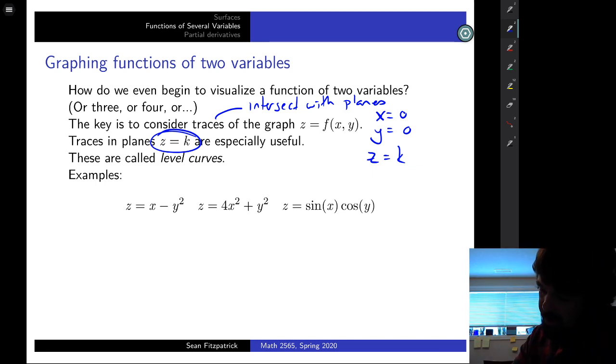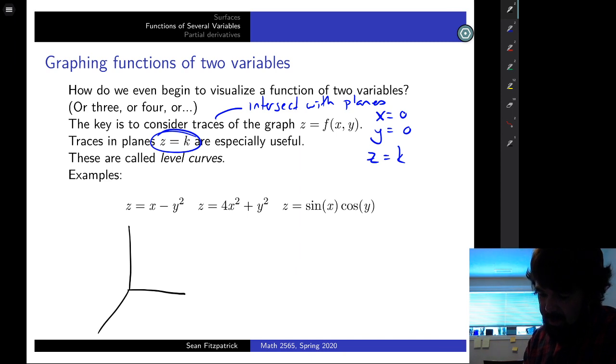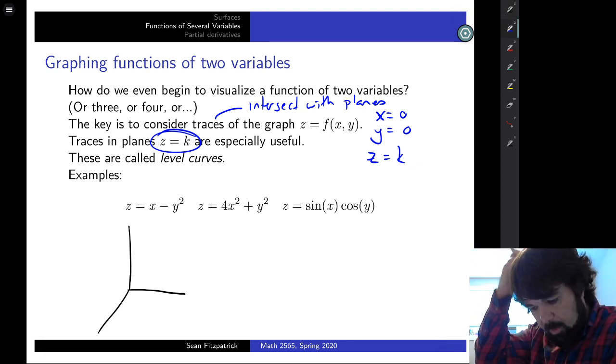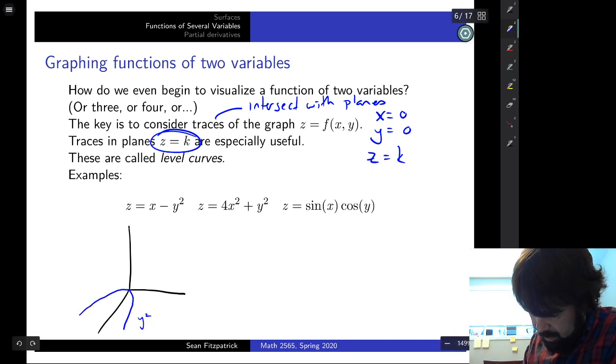So if I'm plotting, say, that first example there, x minus y squared, I can say, okay, well, what do I get if I'm doing, say, z equal to 0? So z equals 0, I just get y squared is equal to x. That's the z equals 0 trace.